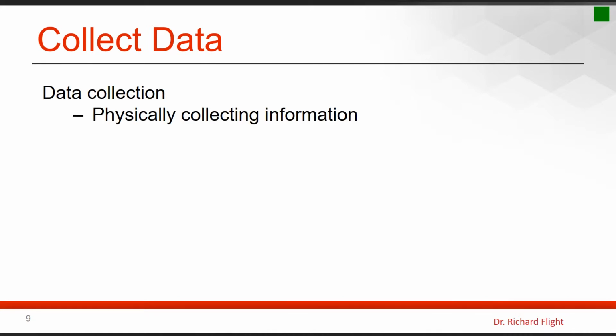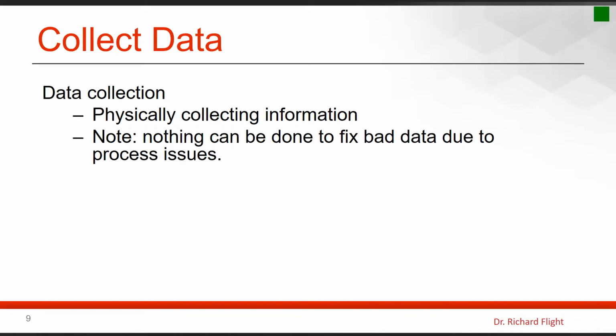For collecting the data, there are a number of steps that we think about in the collection process. We want to physically collect the data. We want to make sure that the survey instrument is reliable, accurate, and true, and we want to test it beforehand.